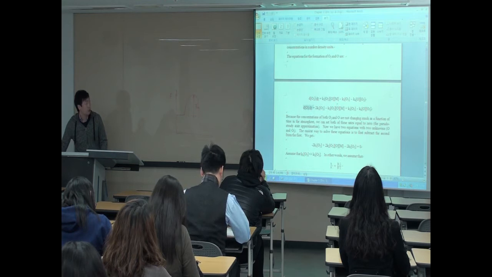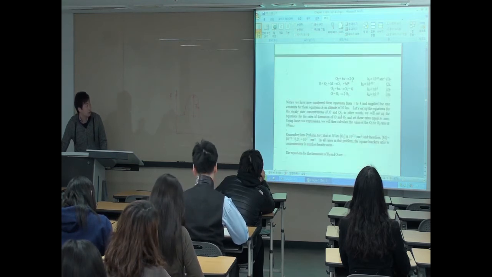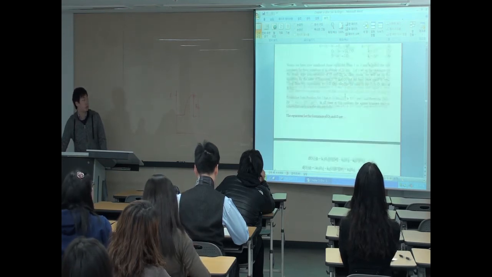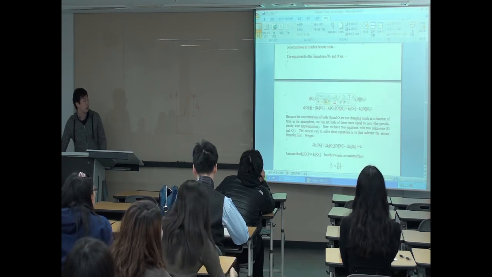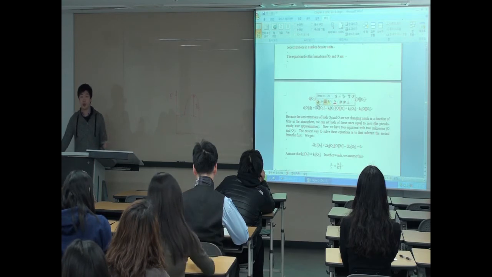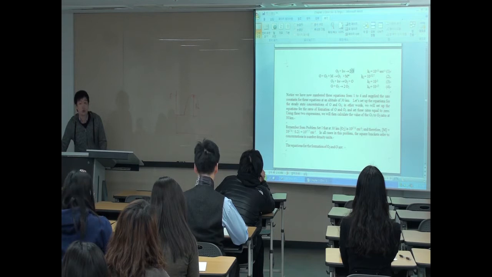And how about the single oxygen? Single oxygen is made from this reaction. This 2 means the production of 2 atoms at one time, so 2 atoms are produced from this reaction.